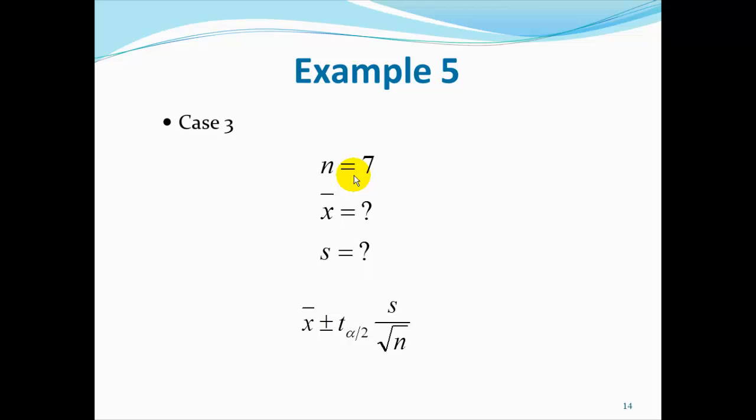Nonetheless, this is case 3, and the formula that we should be using for confidence intervals for this case is x bar plus or minus t alpha over 2 times the sample standard deviation over the square root of n.